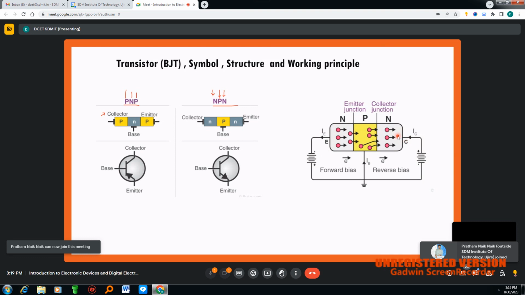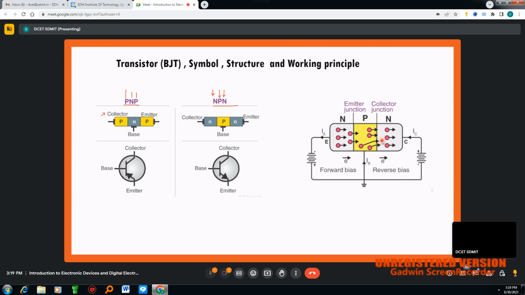The direction opposite to the flow of electrons we call the current flow. So if electrons move in this direction, the current will move in the opposite direction. Now we can observe the current directions: this is IC, IE, IB.